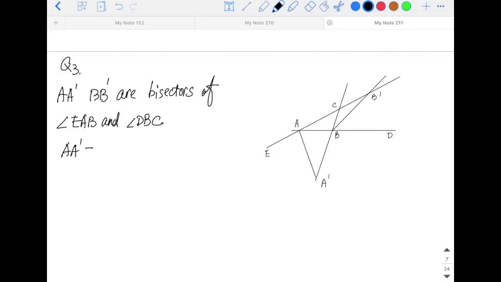AA prime equals BB prime equals AB. Please determine the value of angle BAC.